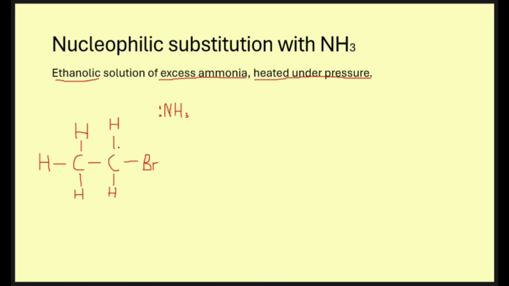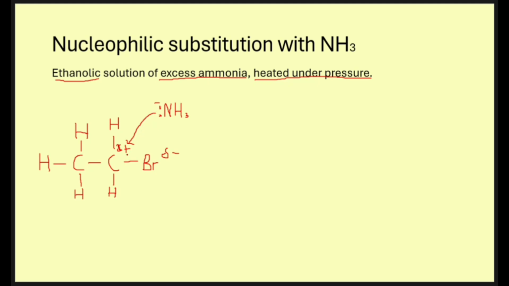So again, we have got the partial positive on the carbon and partially negative on the bromine, because it takes all the electrons in the bond over to that side. Don't forget the negative here. So this one comes down and attacks the carbon.